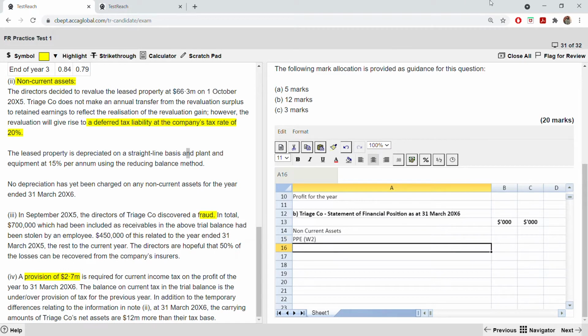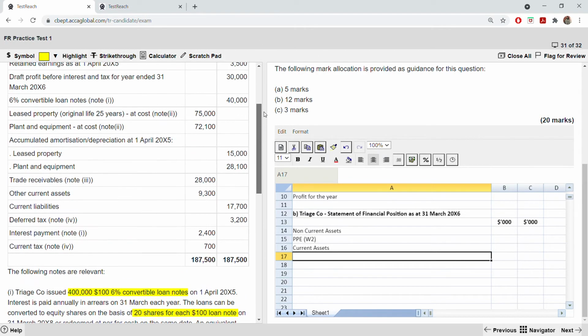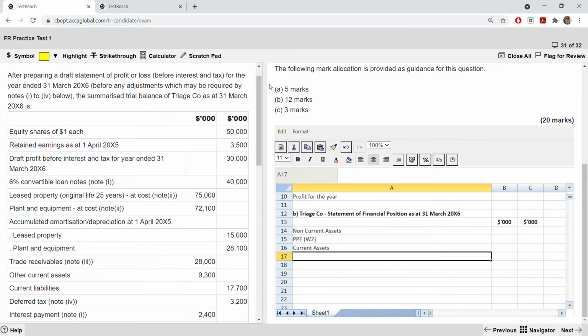Next we have the current assets. Under current assets, what do we have? You can keep a space or you can write one after the other. Trade receivables. You can check from the list what the current assets are.